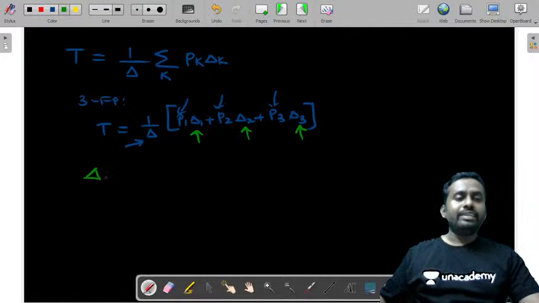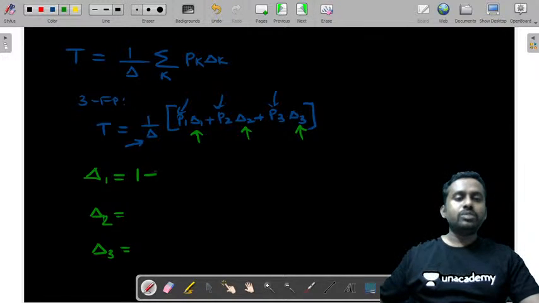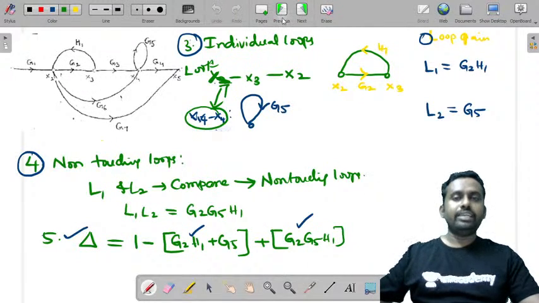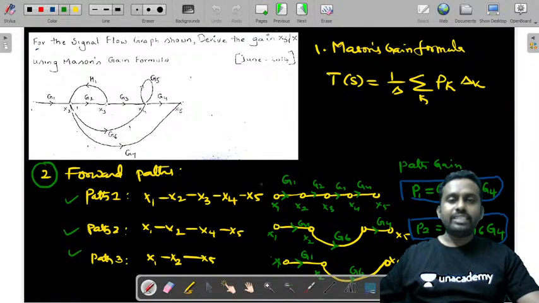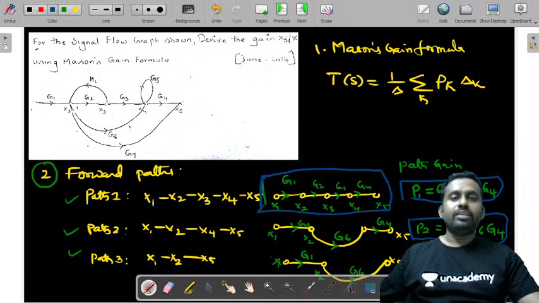What is delta k? It is the delta of the corresponding kth forward path. So how do you determine delta 1? It is 1 minus, and you have to be very careful here. You need to consider this path first. This path has x1, x2, x3, x4, x5, all the nodes.